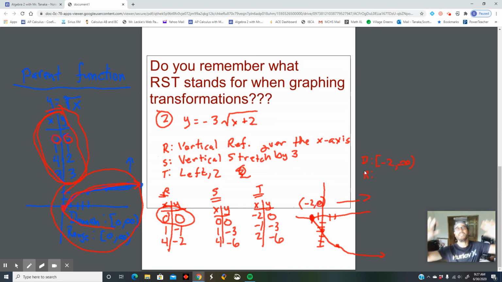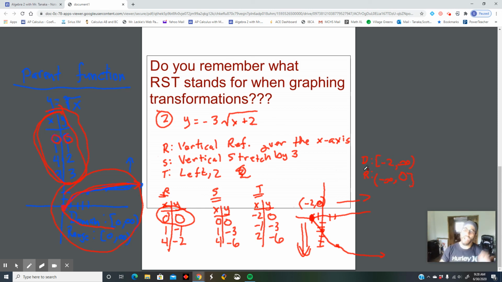That 0 is the biggest y on the entire graph. Why is that the biggest y on the entire graph? Because the graph goes down. So remember, we always have to put the bigger guy second and the smaller guy first. So what's the smaller guy if it always goes down? You got it. It's -infinity. Always a parentheses there, and since I color in that dot there, it's got to be a bracket there.